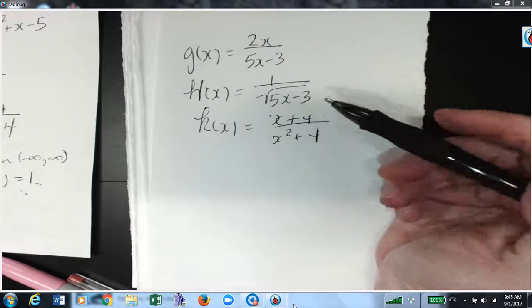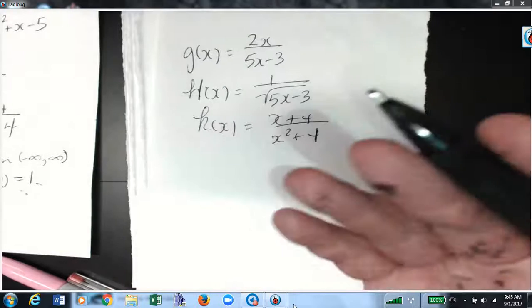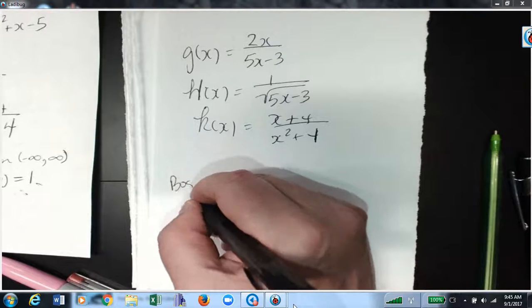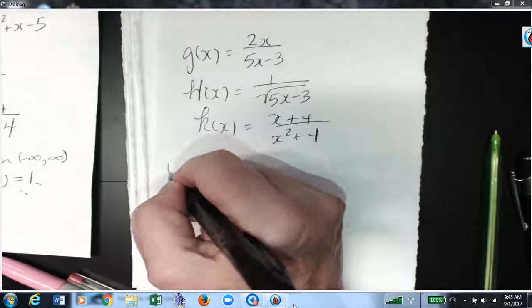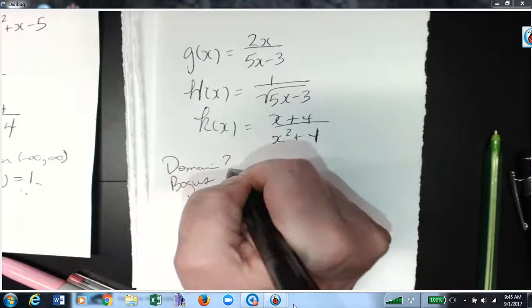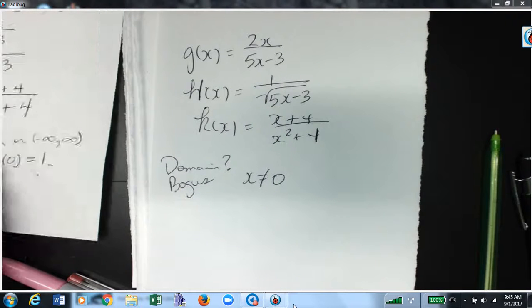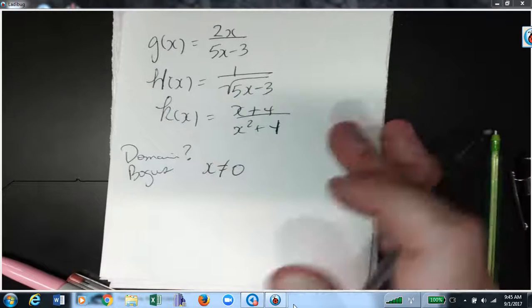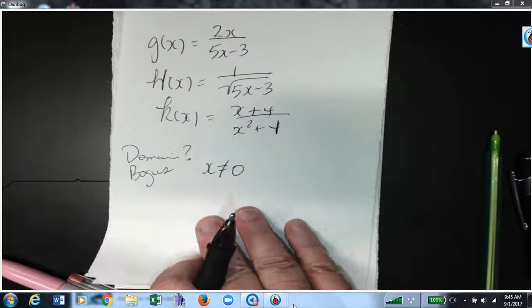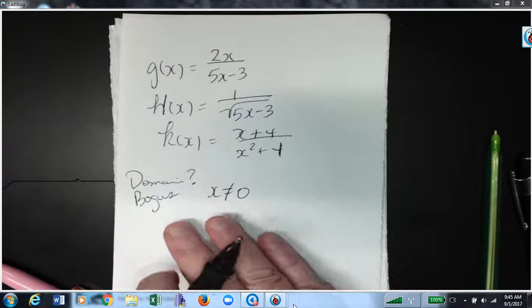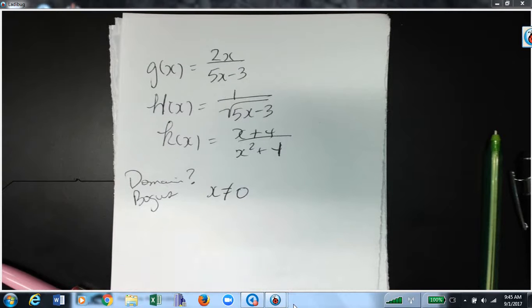And if you're asked what the domain is, a very popular bogus answer, bogus selection is this. Can you see why a student who hasn't had much practice might go for that one? This is a common mistake made at the beginning when you haven't done a lot of practice. They managed to remember that a fraction is not allowed to have a denominator that is 0.